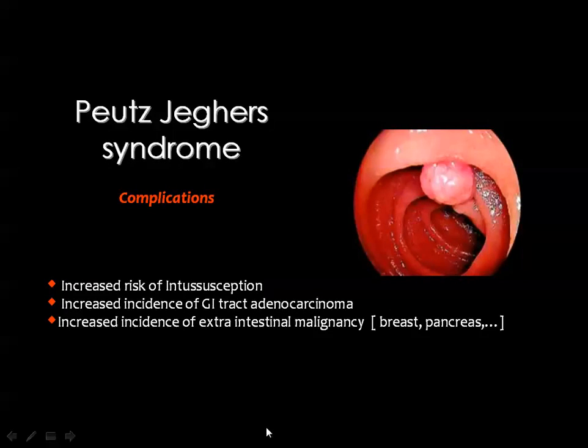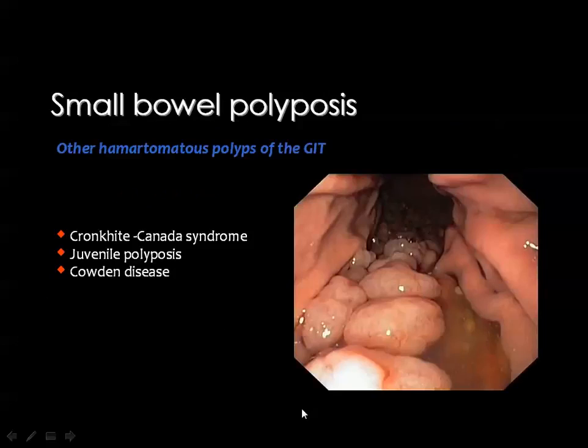The complications are almost similar to the complications of any polyp anywhere in the gastrointestinal tract, including that the polyp will act as a lead point for an intussusception. It may increase the incidence of gastrointestinal malignancies and increase the incidence of extraintestinal malignancy like the breast and the pancreas.